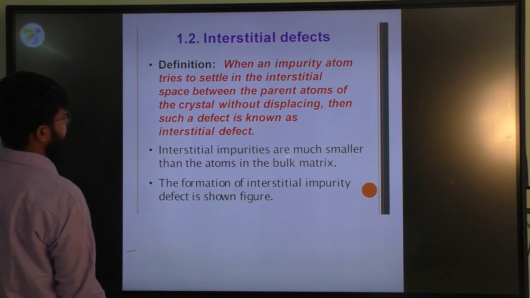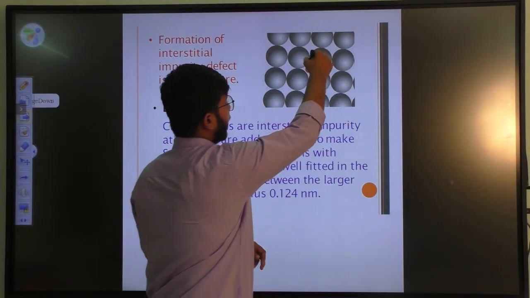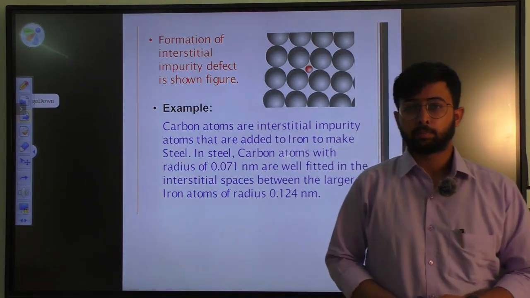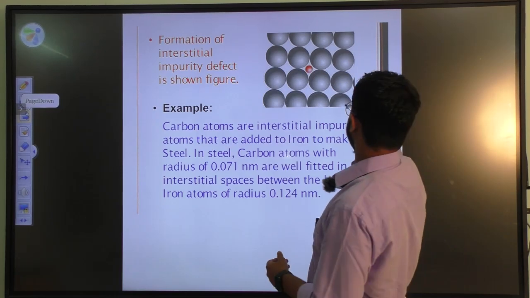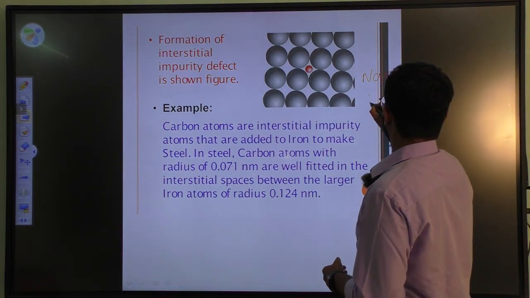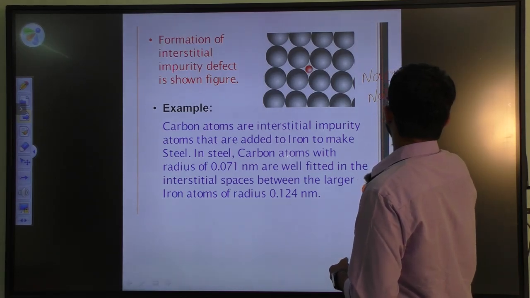In interstitial defect, the crystal structure has anions and cations. As we know, in NaCl, Na is a positive charge and Cl is a negative charge.